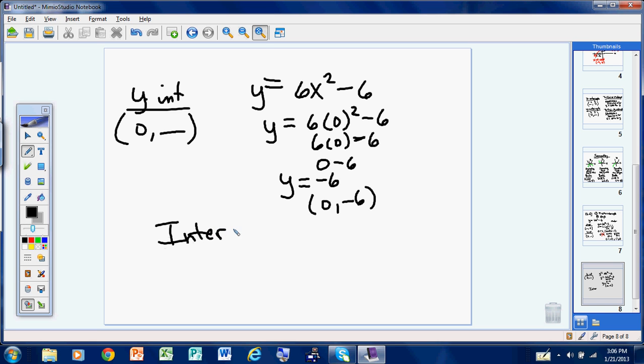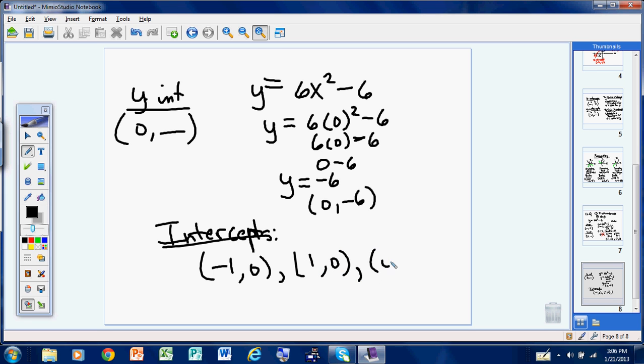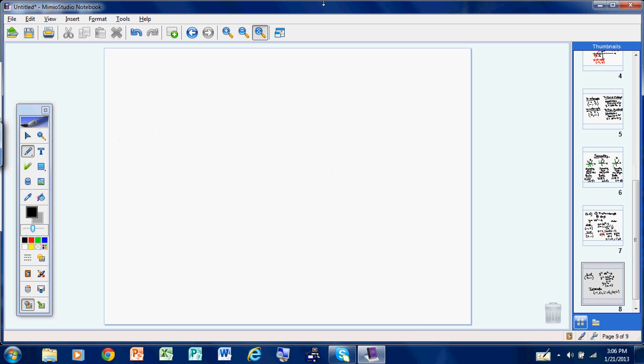So what have we found our intercepts to be? Well, let's look at that again. We had two x-intercepts. Remember, they were described as (-1, 0) and (1, 0), and we now have a y-intercept that's also referred to as (0, -6). Okay? But remember, the last thing that this problem wanted us to do was graph. So, what are we going to do?